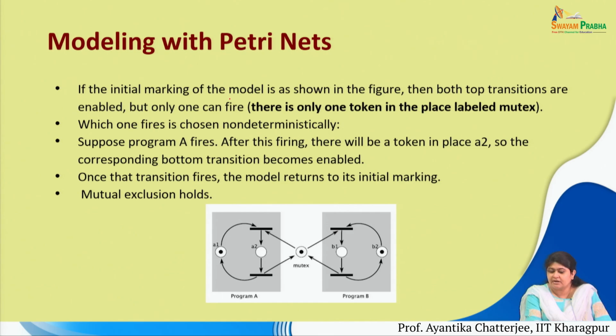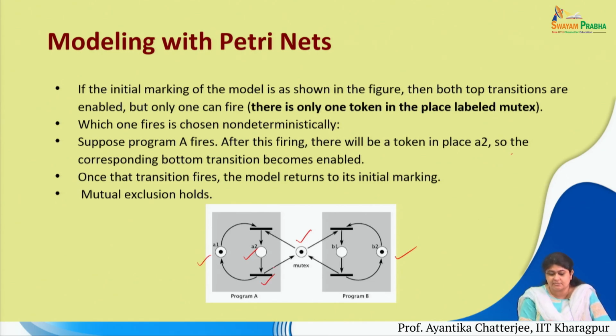If the initial marking of the model is as shown in the figure, then both top transitions are enabled. That means A1 and B2 both have tokens, but only one can fire because there is one token in the place labeled mutex. Which one fires is chosen non-deterministically; either can fire. Suppose program A fires. After this firing there will be a token in place A2, so the corresponding bottom transition becomes enabled.